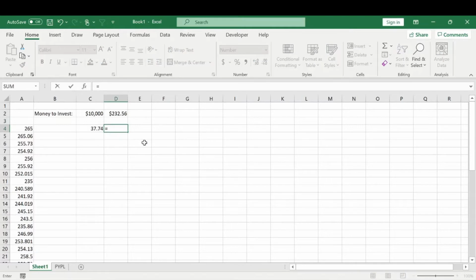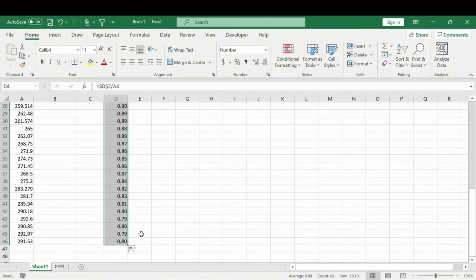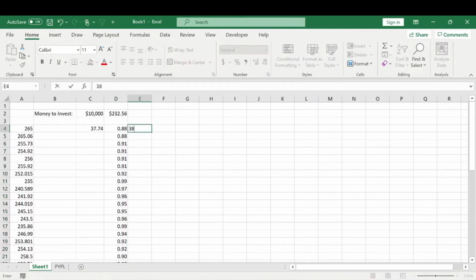So then what we're going to do is take this, divided by the stock price, and we're going to lock this so that cell stays the same. And we're just going to drag this all the way down for the 43 days. So having this all highlighted, we can see that we'll have 38.13 shares versus the 37.74.